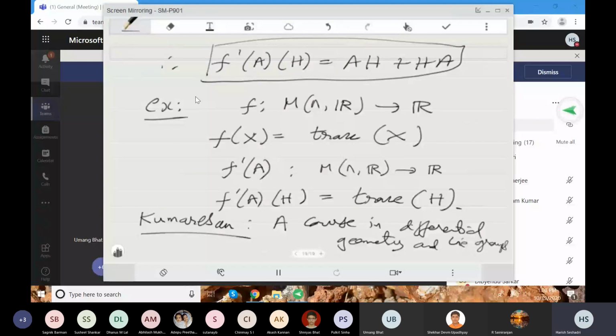If you do that, then you can have a look at the very first chapter. That has lots of nice examples like this, more examples of derivatives than the usual stuff that Rudin talks about. So, okay, let's stop here.